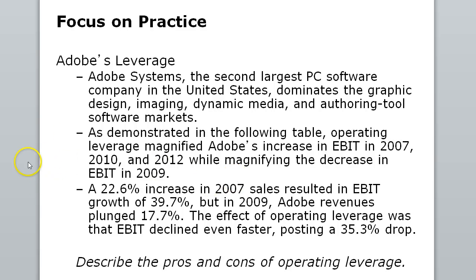So if you look in the book, there's a vignette on Adobe leverage. So Adobe Systems makes software. You might be familiar with PDF files. They're the creator of that format, and Adobe Acrobat is one of their programs, as well as many other programs, including I think Dreamweaver, maybe Premiere for editing movies, and Illustrator for illustrating pictures.